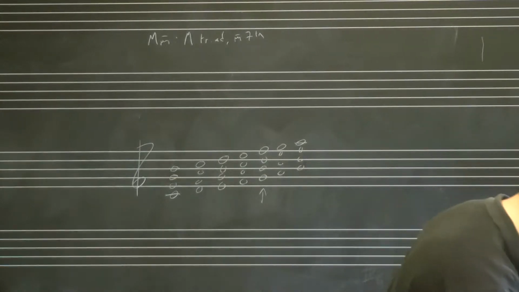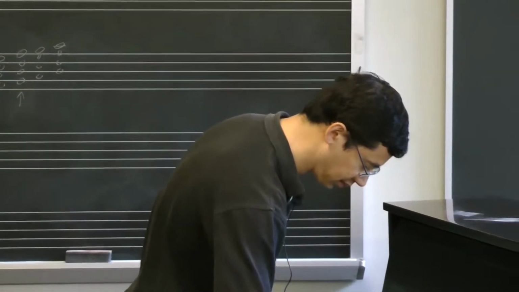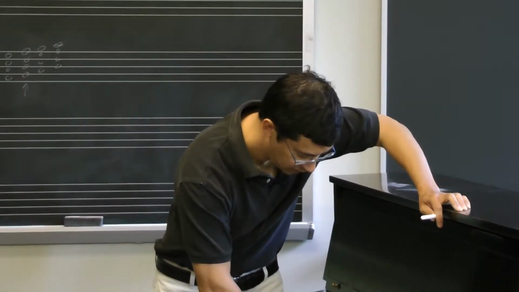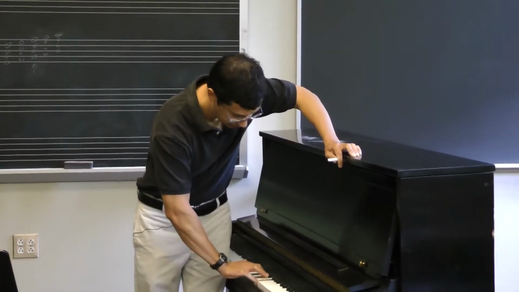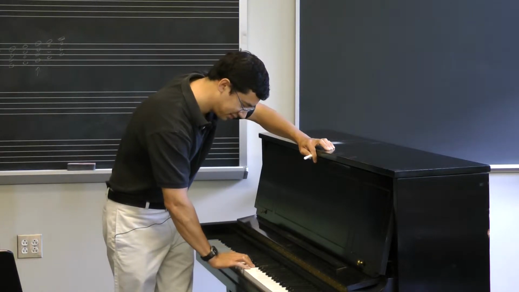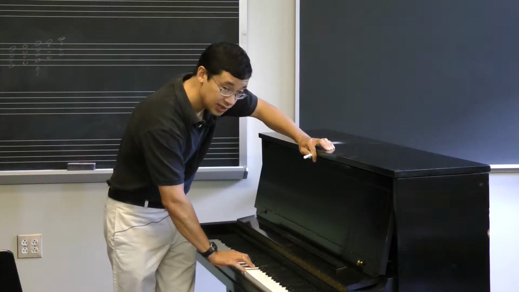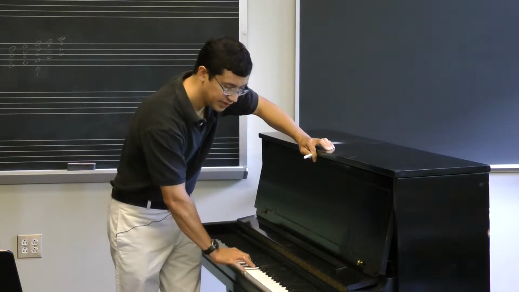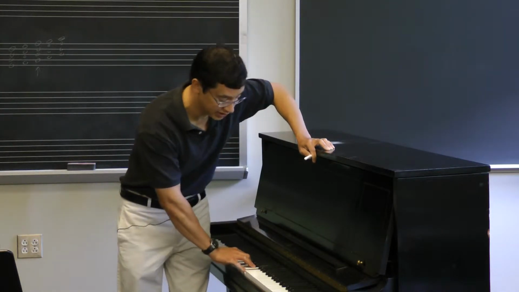So if we're in C major, take that major triad, add a minor seventh. We'll try it an octave lower. So take that major triad, minor seventh, and that should be the very familiar sound of a major minor seventh chord.